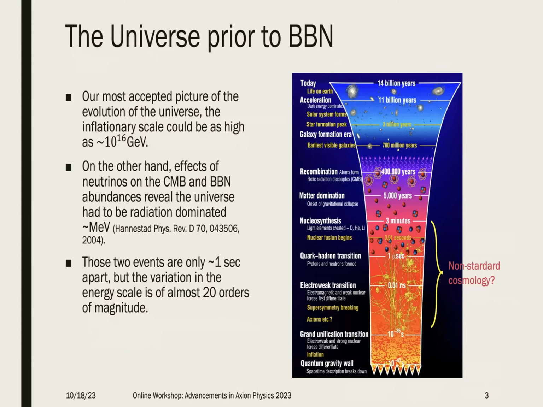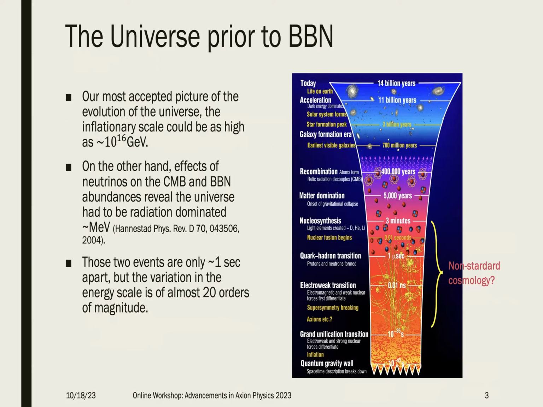So our most accepted picture of the universe is that first the universe went through a period of inflation that could have happened at energy scales as high as 10^16 GeV. But on the other hand, we have evidence that at the moment of Big Bang nucleosynthesis, the universe should be radiation dominated.